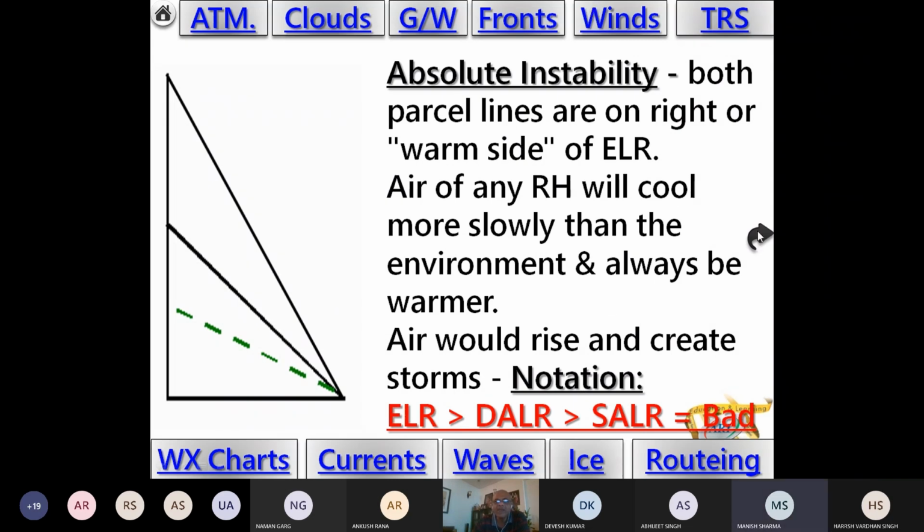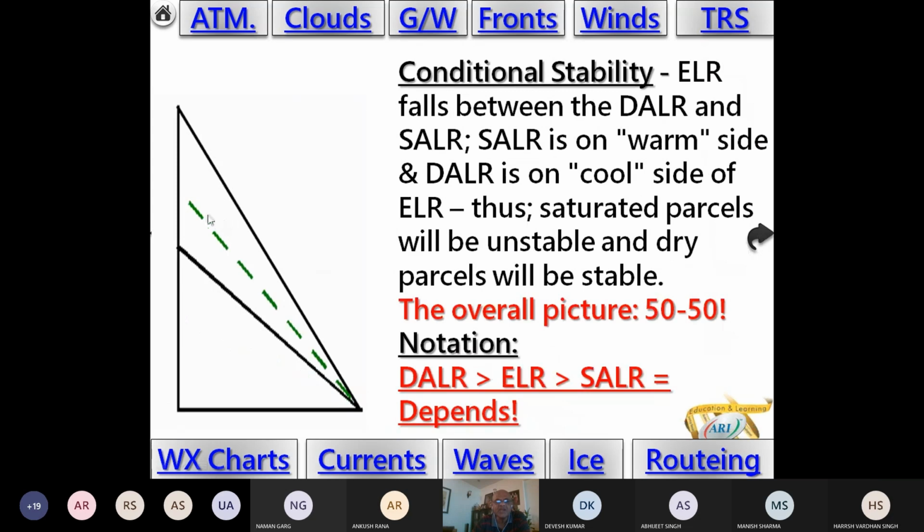And when it is in between, the chances are 50-50. Whether the weather will be good or bad depends on the frictional or other atmospheric conditions 1-2 kilometers above that the airplane pilots have to deal with. We don't have to deal with it. When the ELR is in between, DALR is greater than ELR, which is greater than SALR.